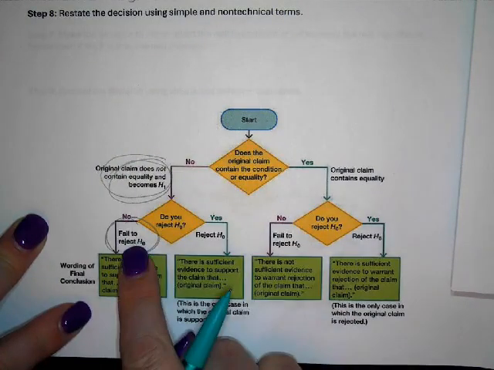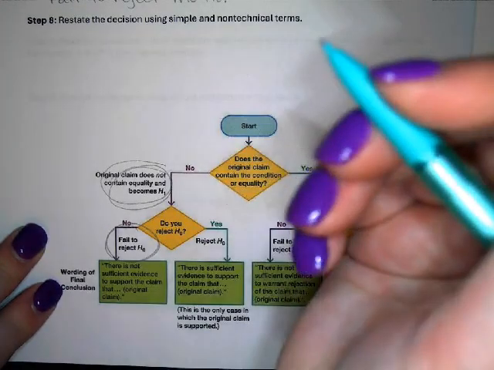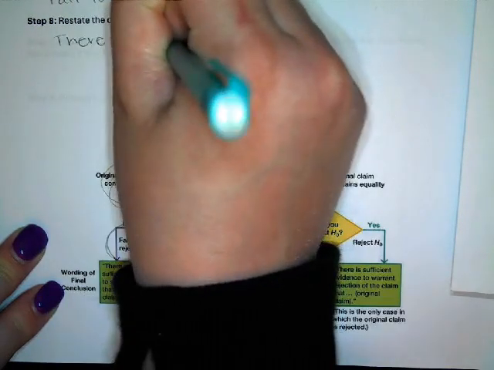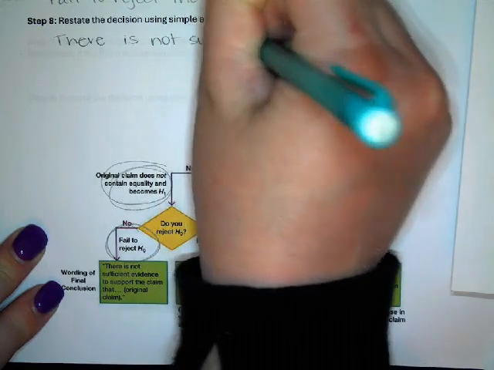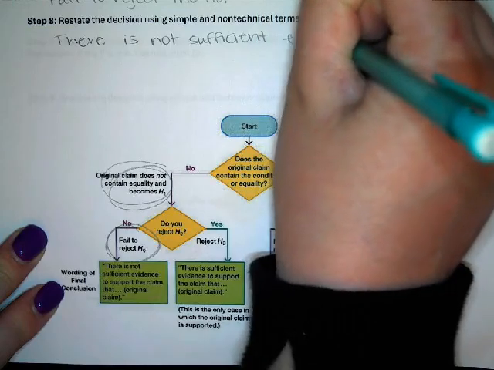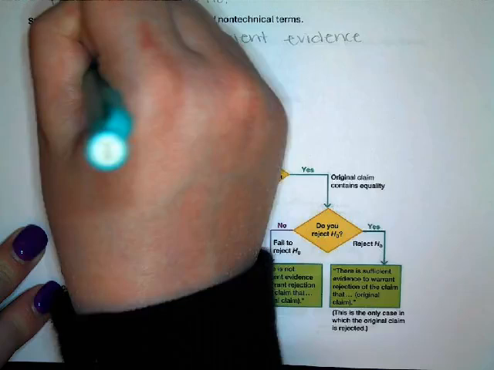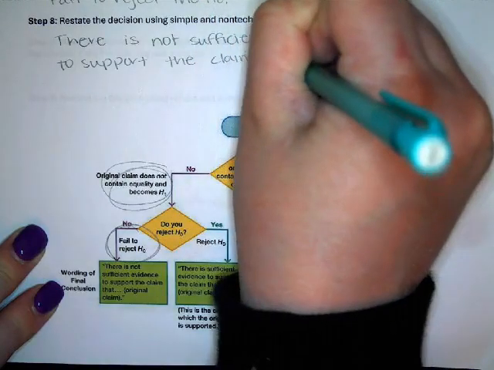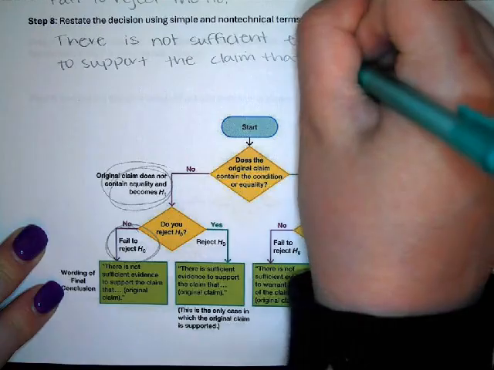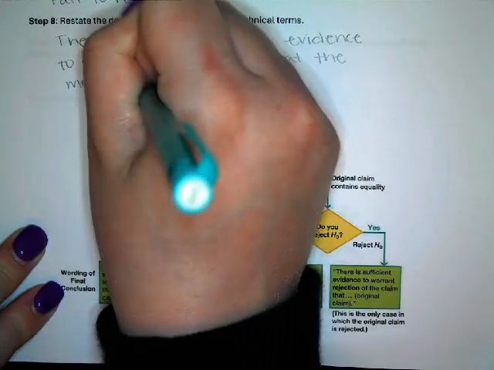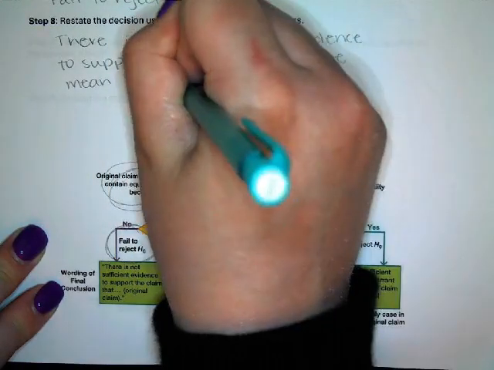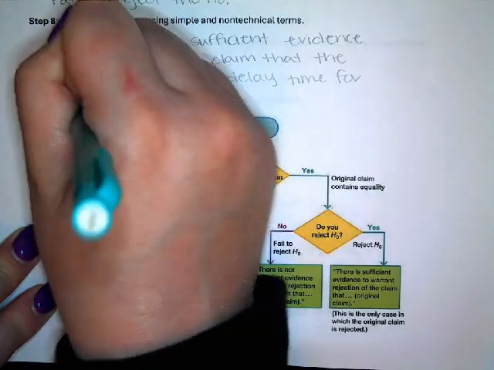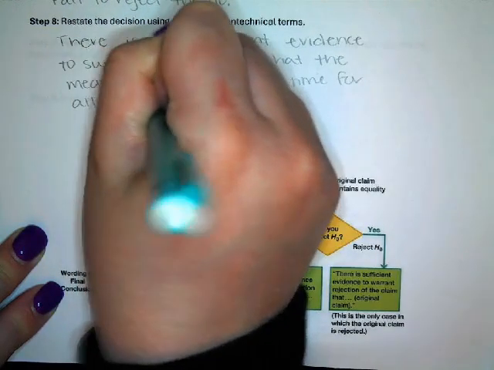We're going to say there is not sufficient evidence to support the claim that the mean departure delay time for all flights is less than 12 minutes.